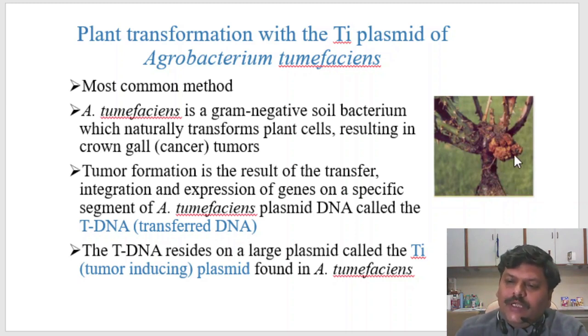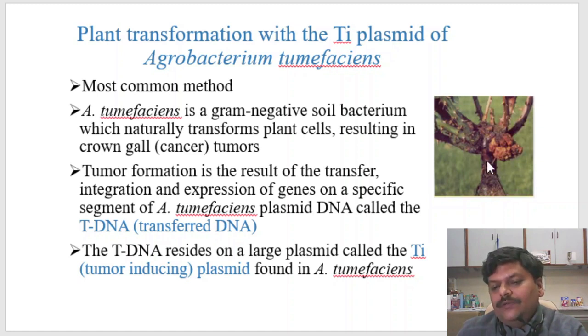The thing is that Agrobacterium normally stays in soil inactive, and if a plant gets wounded by some physical or mechanical thing, then the plant cells which got wounded and are trying to recover release protective or, I would say, useful chemicals which are mostly phenolic in nature.